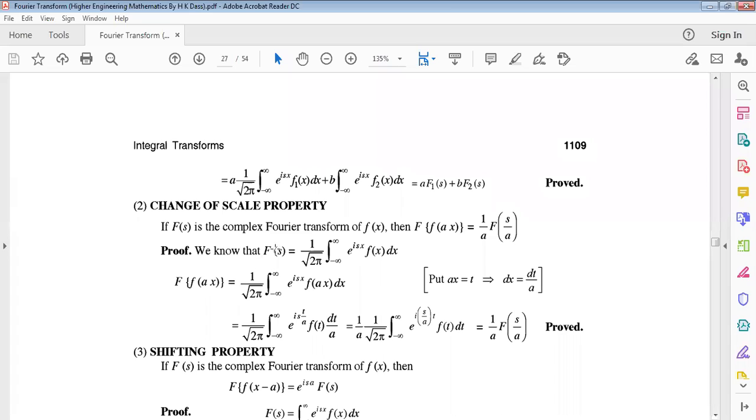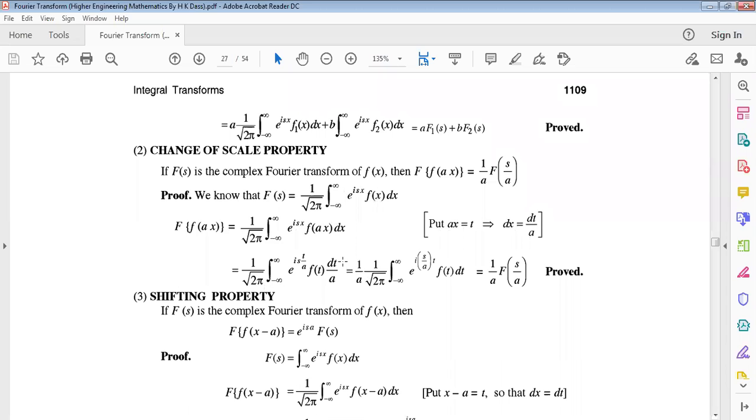Now we know that the Fourier transform with parameter s equals 1 by root over 2 pi, integral from minus infinity to plus infinity of e to the power isx f(x) dx. Now if we take the Fourier transform of the function f(ax), put ax equals t, then dx equals dt by a.